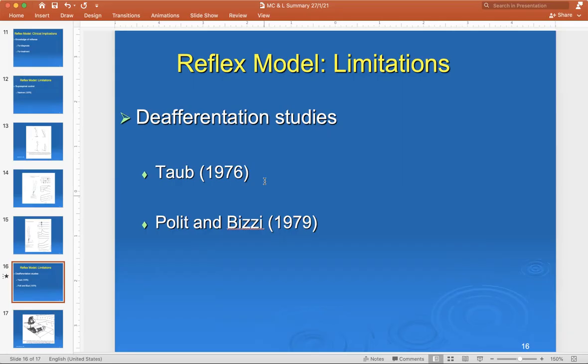So this is the whole basis of forced use. It used to be called that, now it's called constraint-induced movement therapy, where you constrain the good arm, the non-stroke side of a patient with stroke, for example. You put an oven mitten over their good hand, and you force them, you constrain them to use their weaker side, their affected side.